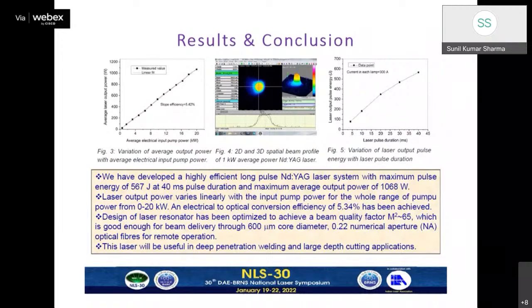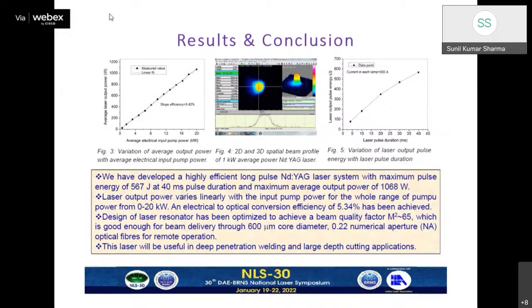In figure 4, you can see the beam profile. At maximum pump power, we get a beam quality factor around 65, which is good enough to couple into an optical fiber of 600 and 400 micron core diameter, having 0.22 numerical aperture for remote operations. We get maximum pulse energy of 567 joule at 40 millisecond pulse width, as you can see in figure 5.